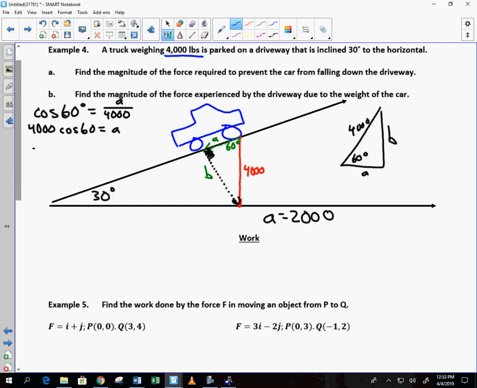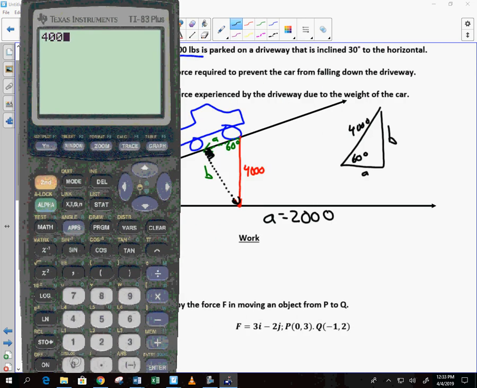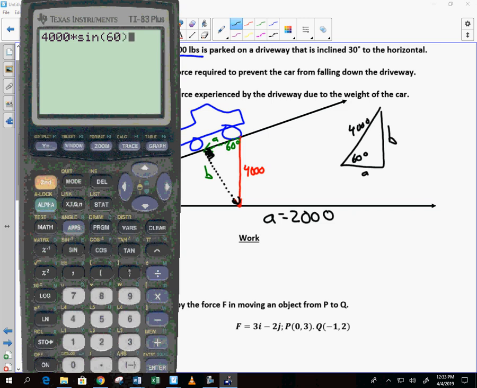Sine. So sine of 60 degrees is equal to B divided by 4,000. So simply take 4,000 times the sine of 60 degrees. 3,464.